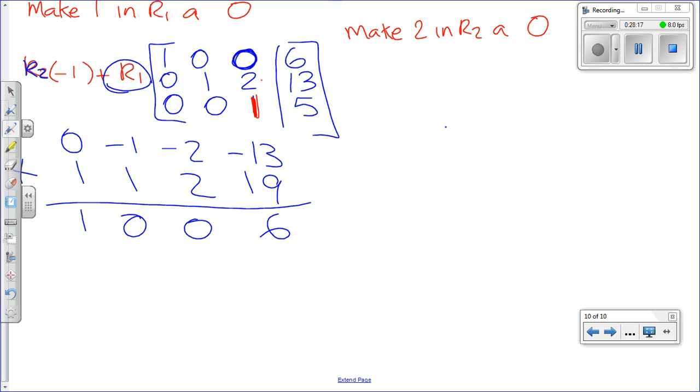So that's going to be R2, I'm sorry, not R2. What should I use instead of R2? R3, right? Because that has the leading 1. So R3 times the additive inverse of 2, which is what? -2 plus R2.